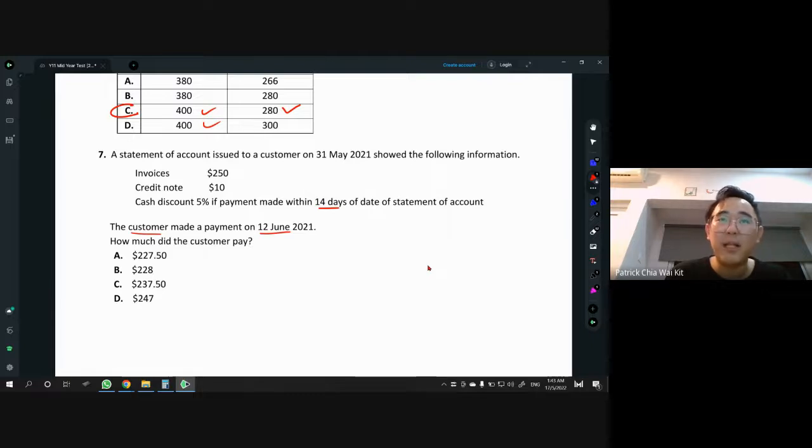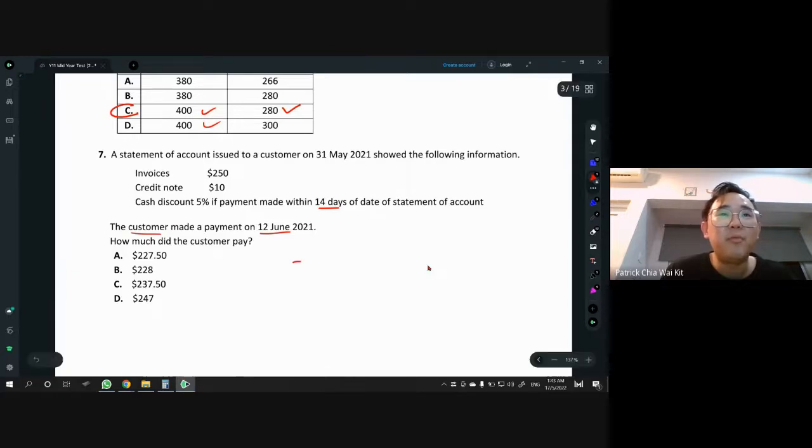Because 12th June is still within 14 days. So in this case, how much did the customer pay? Sorry, my bad. 12th June, 31st May. Customer made payment on 12th June. Have we passed this? I think not yet, correct. So how much did the customer pay? I'm so sorry, it's so blurry at this moment.